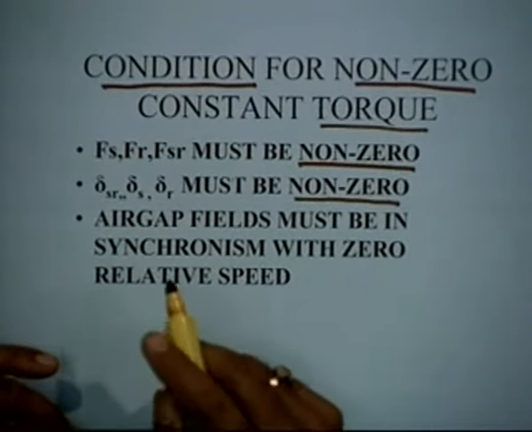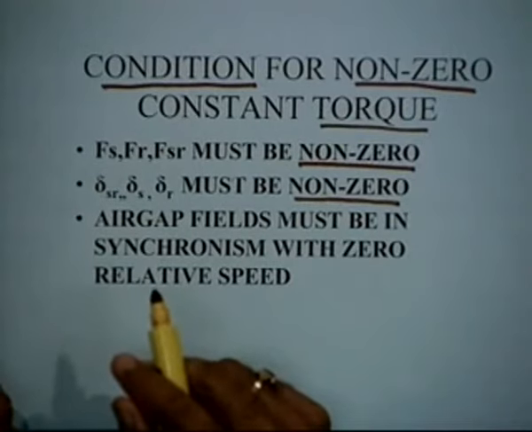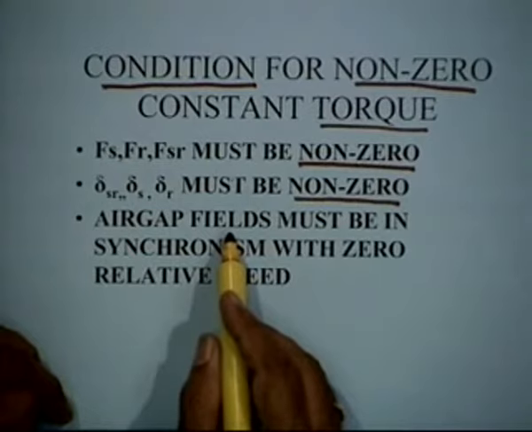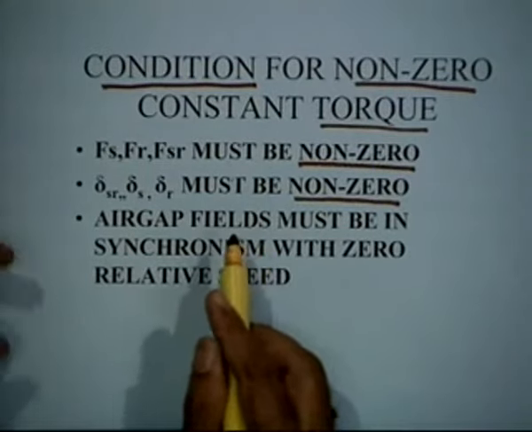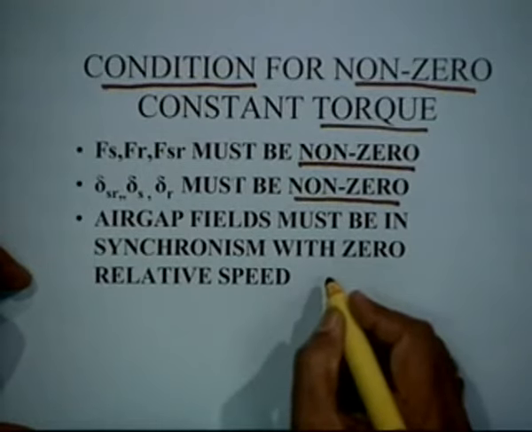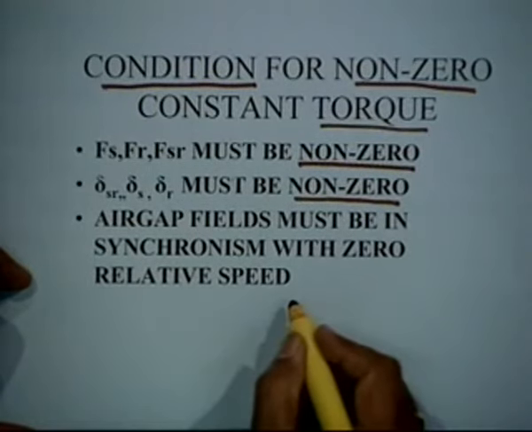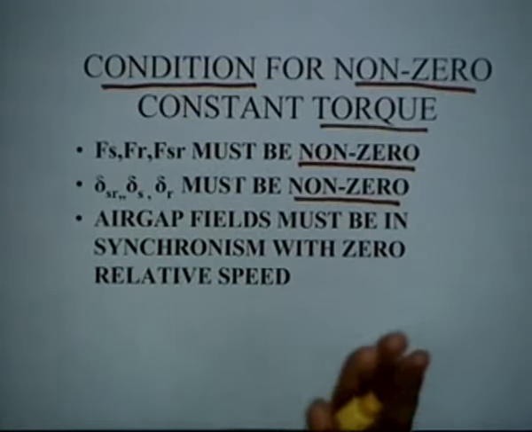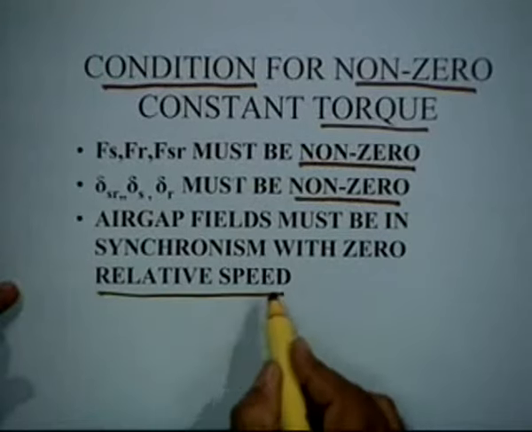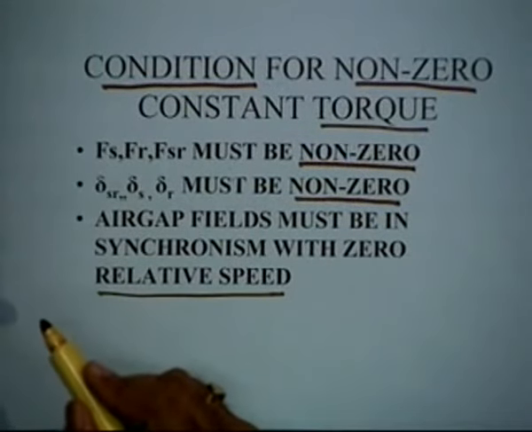This is the second condition for torque development. Then the air gap fields, that is, these three fields, must be in synchronism with each other, with zero relative speed. What do we mean by synchronism? They are all frozen at every instant of time. So these are the conditions that must be met to produce torque in any machine.